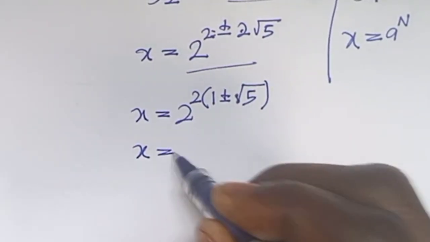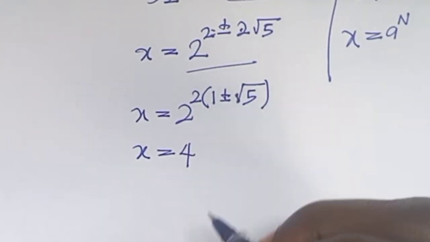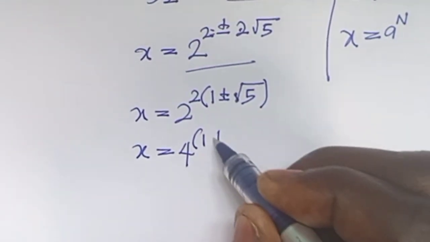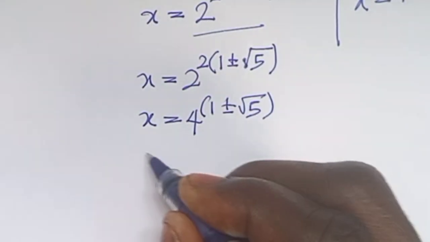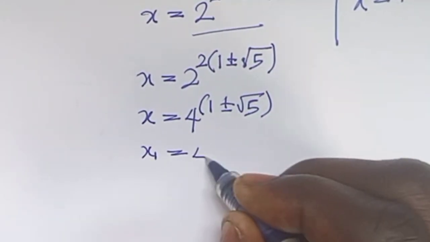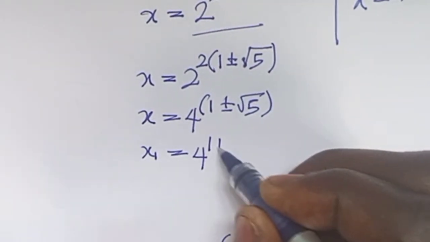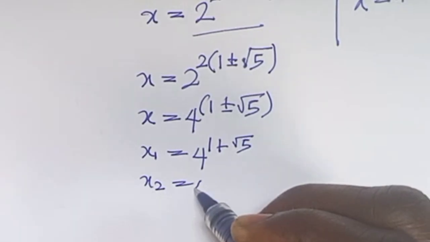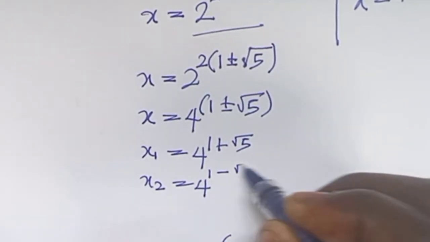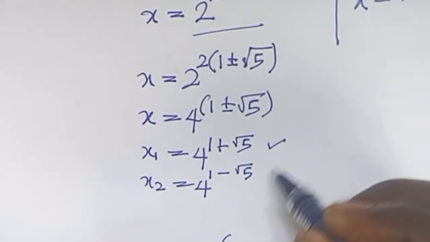So x is equal to 2 to the power of 2, that is 4, to the power of 1 plus or minus square root of 5. So from here, we can say x1 is equal to 4 to the power of 1 plus square root of 5, and x2 is equal to 4 to the power of 1 minus square root of 5.